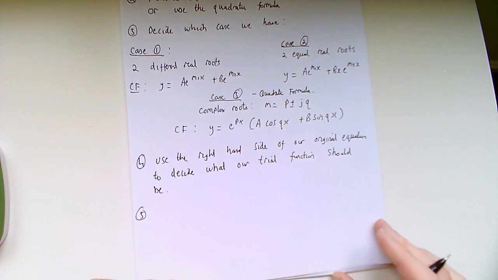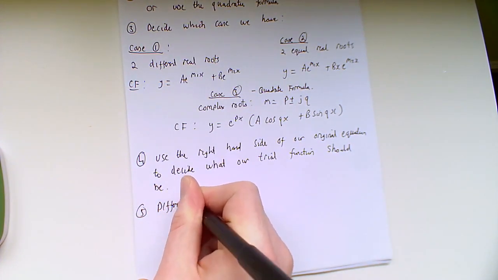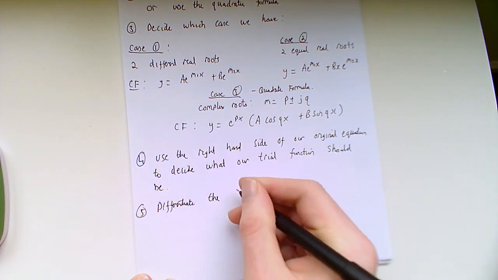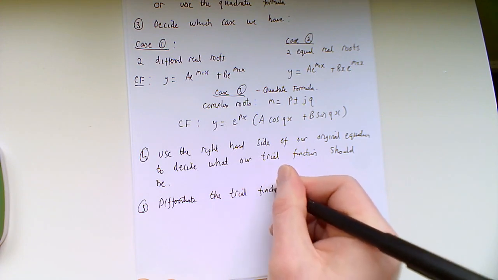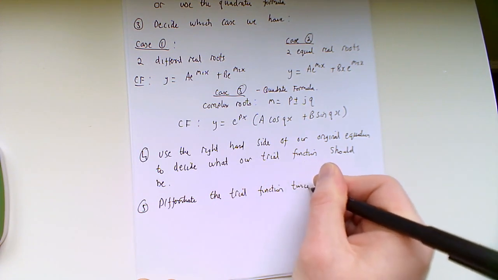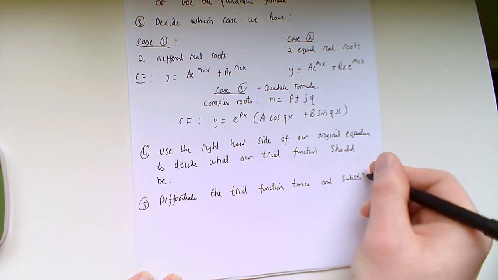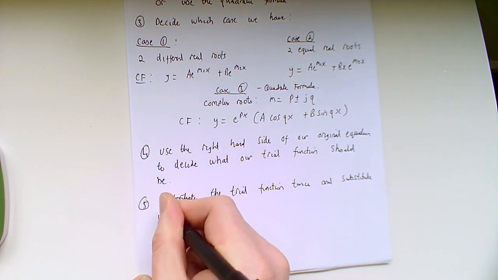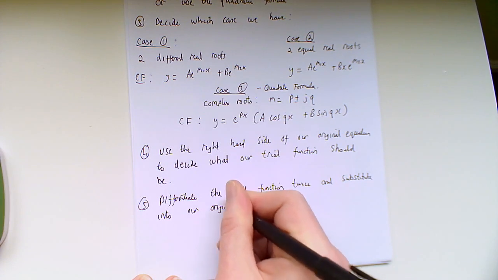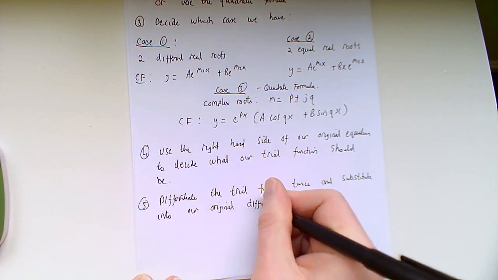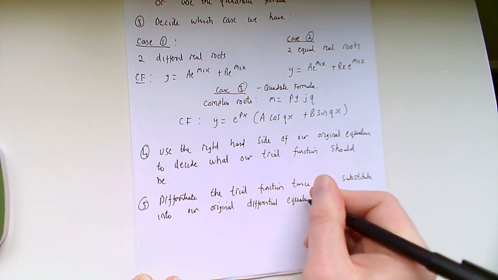So we choose our trial function, and then step 5, differentiate the trial function twice, and substitute into our original differential equation.